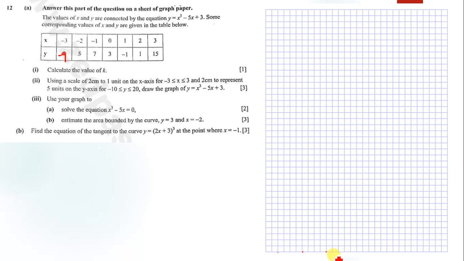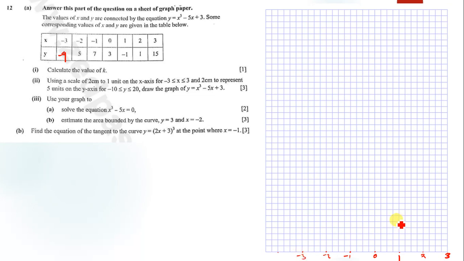Every after 4 boxes, I'm counting 1 unit. 3, 4, 5, 6. Okay. So if this is my 3, 2, 1, 0, -1, -2, -3.